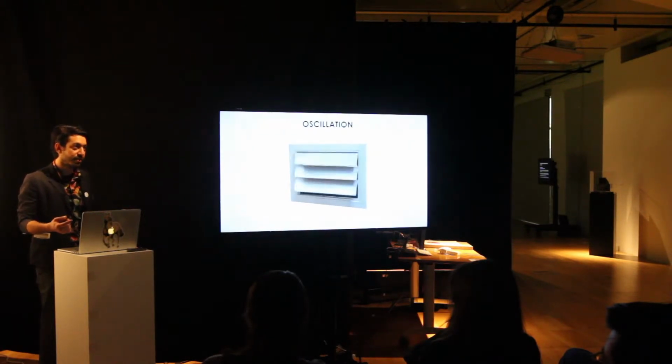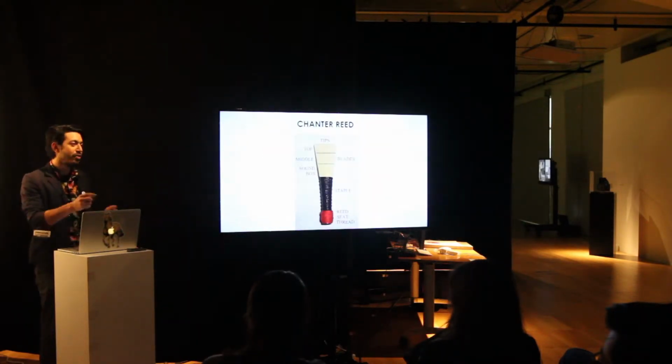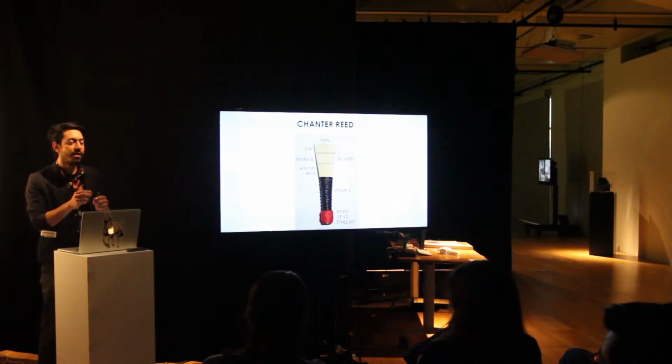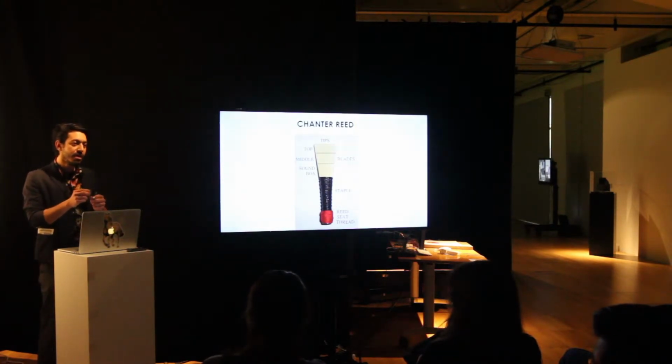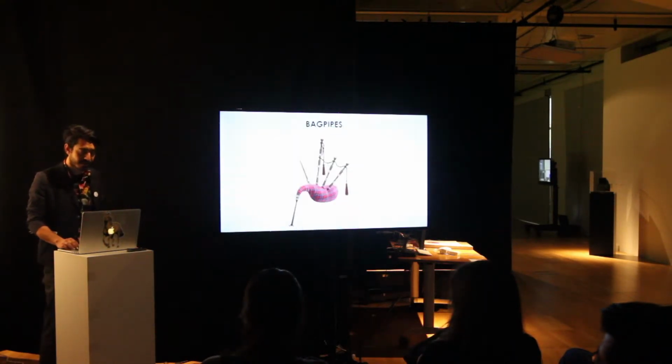You know what a chanter reed is? This is a chanter reed. You can find this in some aerophone instruments, like a saxophone or a bagpipe. I'm talking about bagpipes.